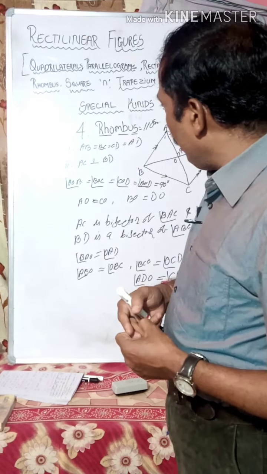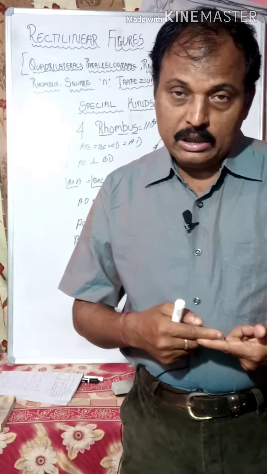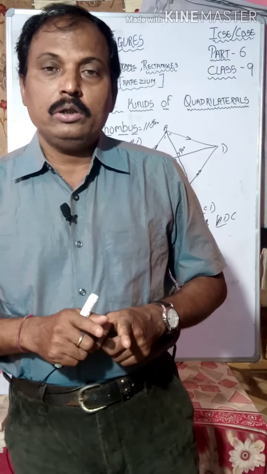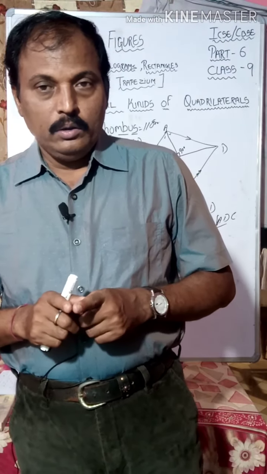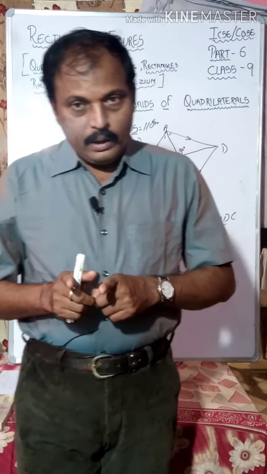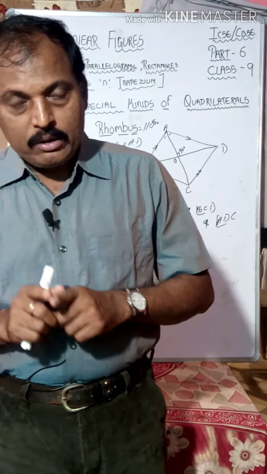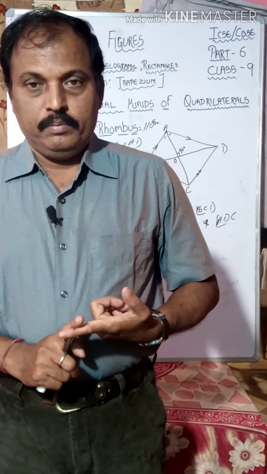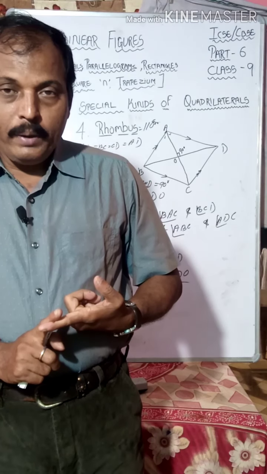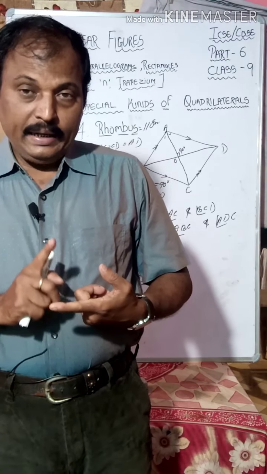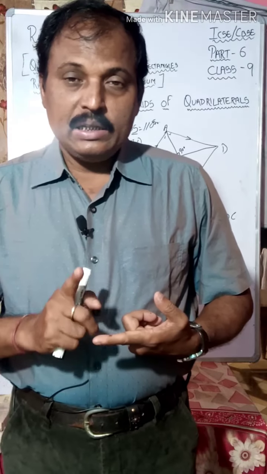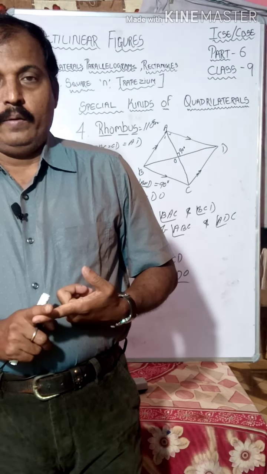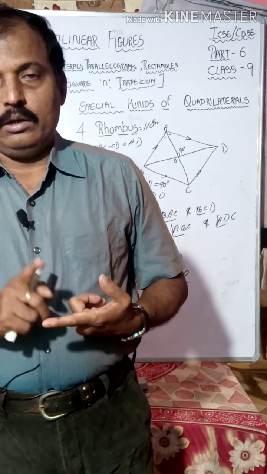So what are the more terms, more conditions, in a rhombus other than a parallelogram? Other than the parallelogram, a rhombus has new terms and conditions: two diagonals are perpendicular to each other and each diagonal is an angle bisector, a vertex angle bisector.